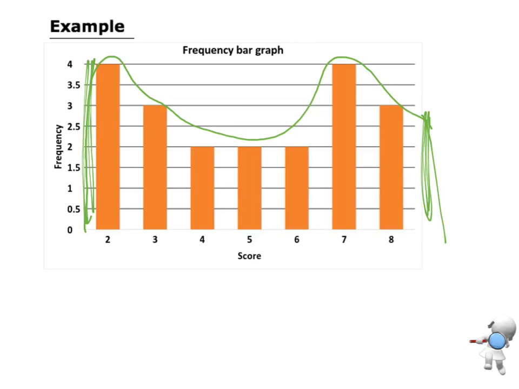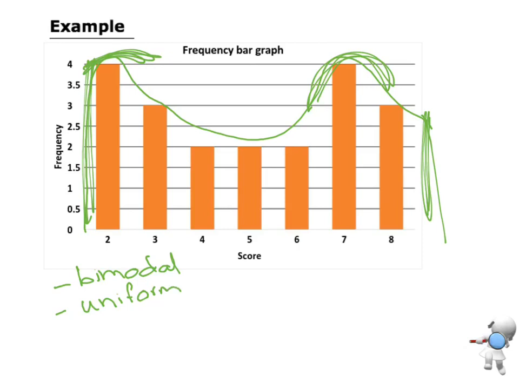The other thing I notice is that there's 1 peak on the left here and another peak on the right. So what I've got is a bimodal distribution, and I have a combination of some kind of uniform distribution. So I've got some kind of combination of these 2 shapes, and that's what I would want to interpret.